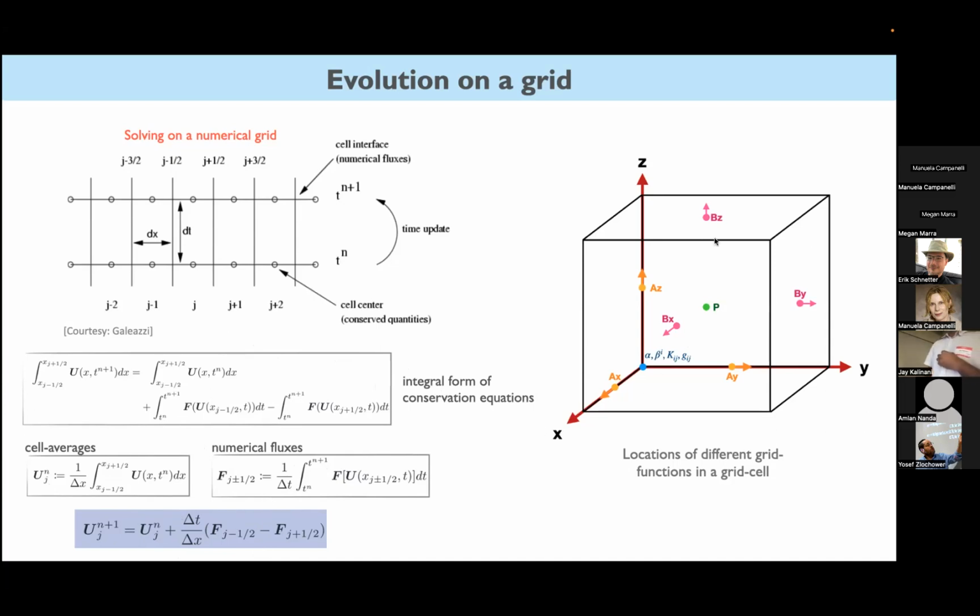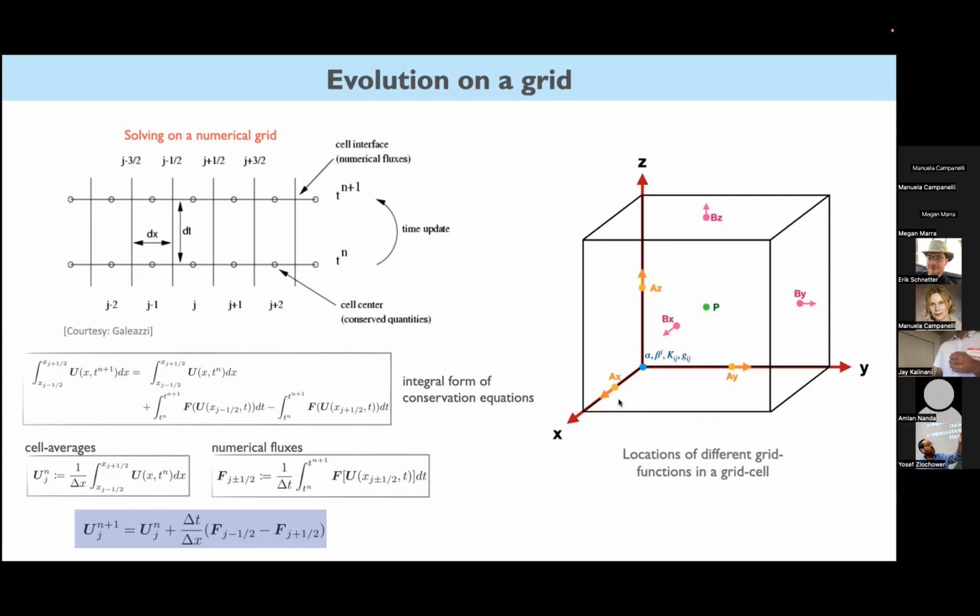And typically for a numerical cell in a GRMHD simulation, you have different places where you store your variables. For instance, your primitive variables would likely live in the cell centers, and you have your magnetic field components living on the faces of the grid cell.